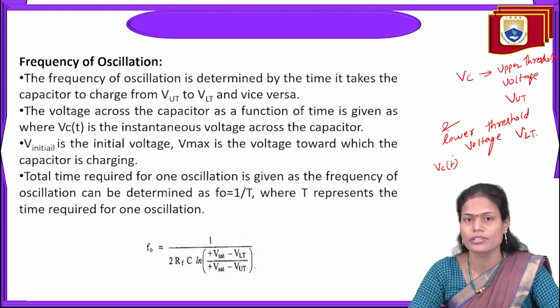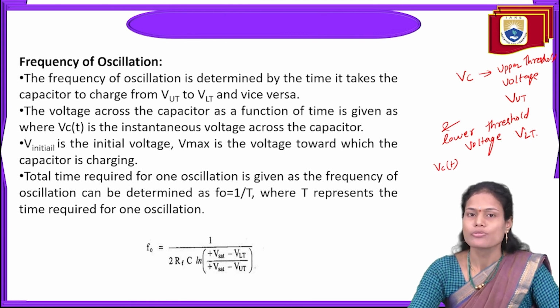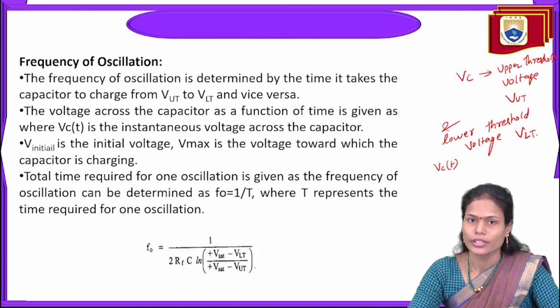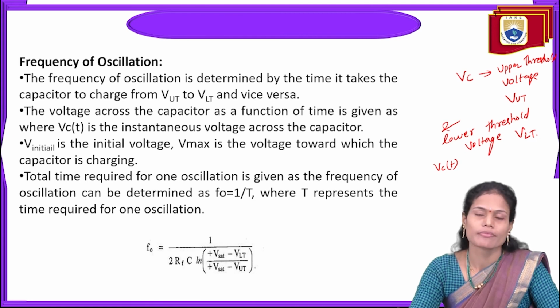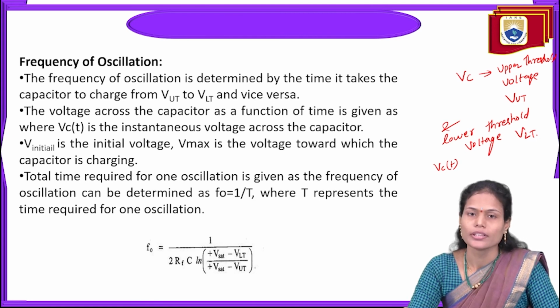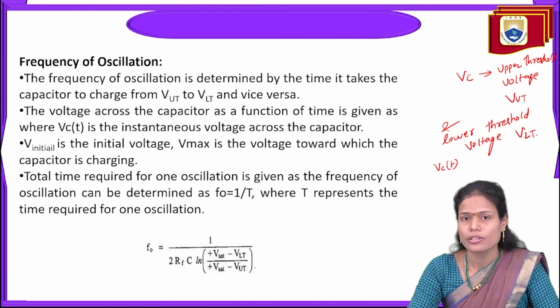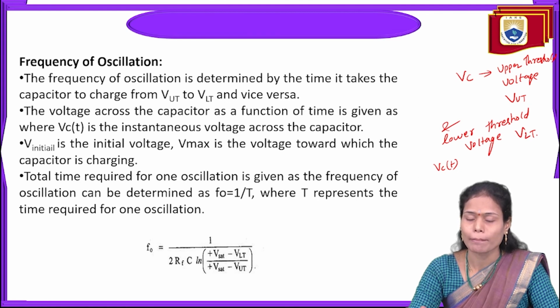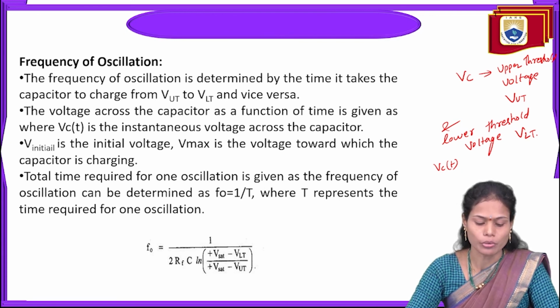So what is meant by this instantaneous voltage? Whenever the input offset voltage is applied to the operational amplifier, because of that voltage we get the output of the operational amplifier, and because of that output voltage only, this capacitor is going to charge. That voltage we call the instantaneous voltage.